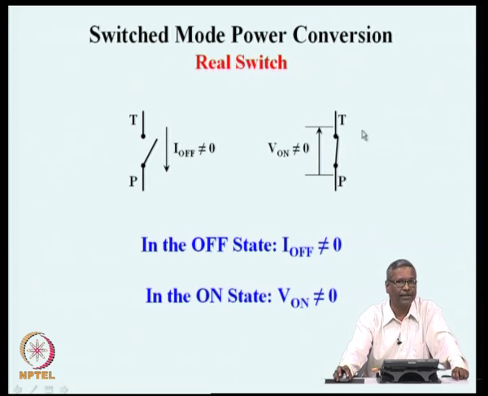In a similar way, in a real switch, when the switch is in the on state, the potential of the throw and the potential of the pole are not absolutely equal. On account of that, the voltage across the switch is not 0 in the on state, but it is a small non-zero quantity.